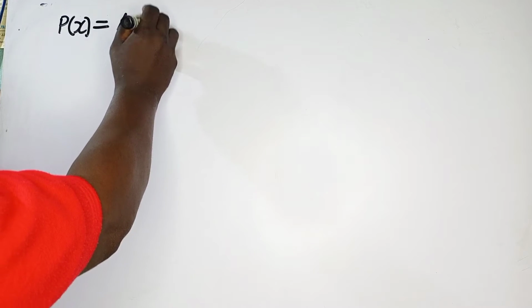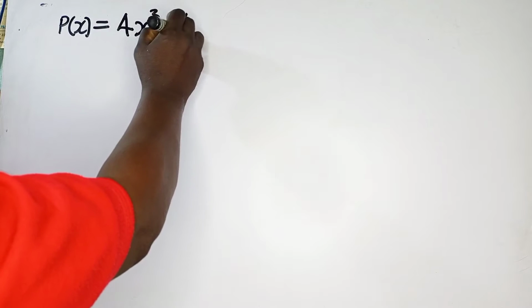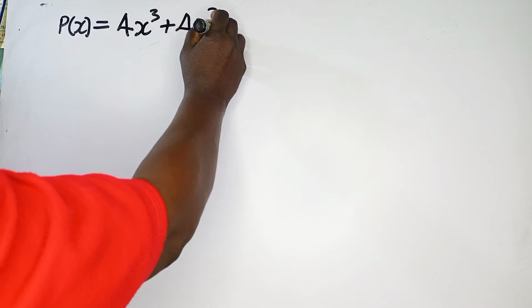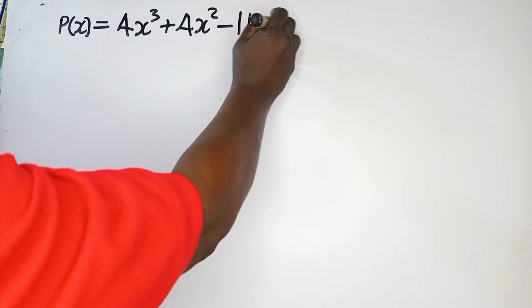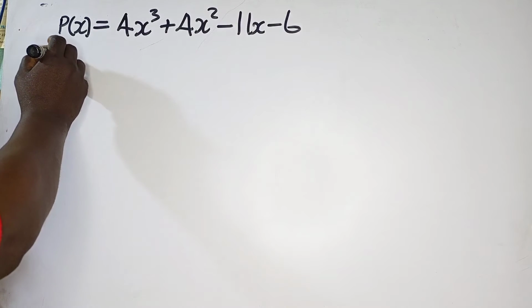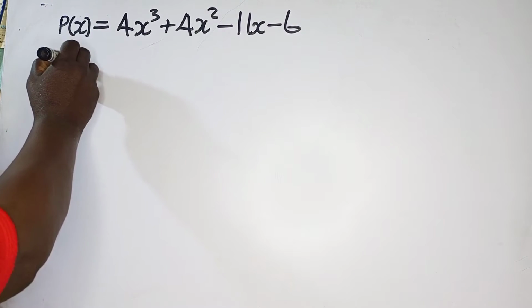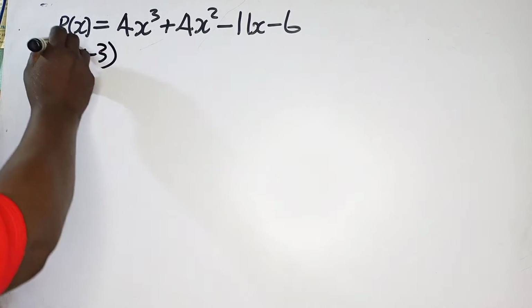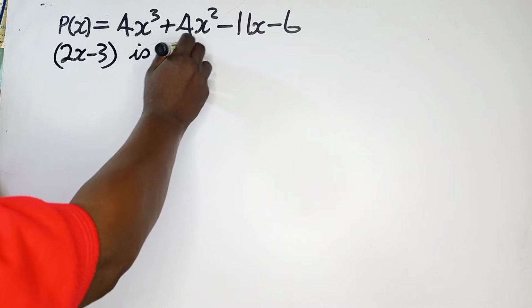A polynomial P of x is given as 4x cubed plus 4x squared minus 11x minus 6. And we are told that 2x minus 3 is a factor.